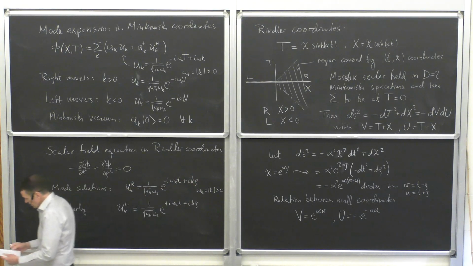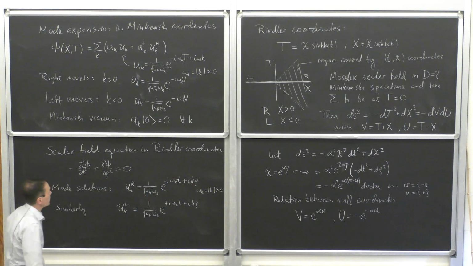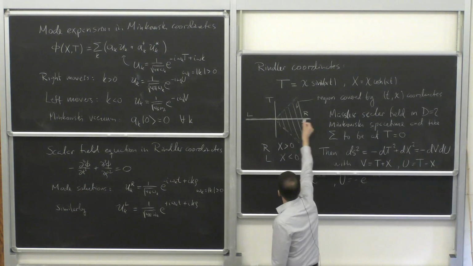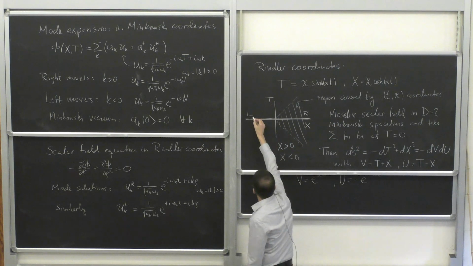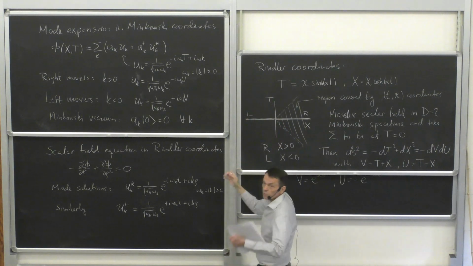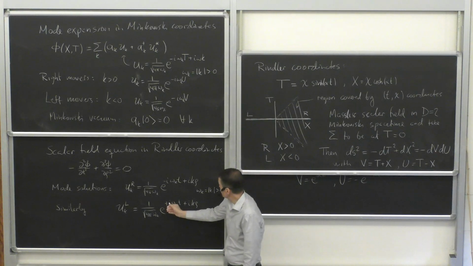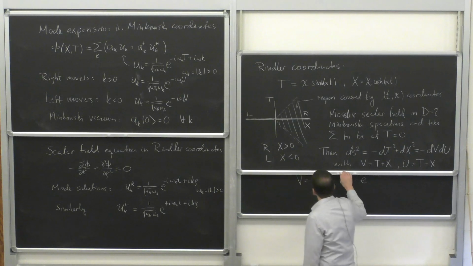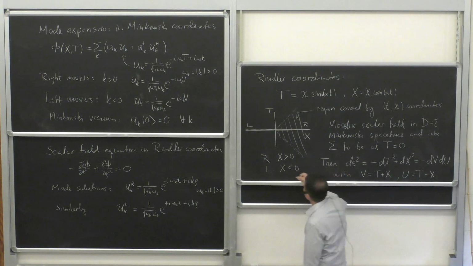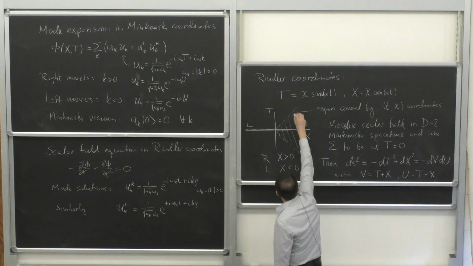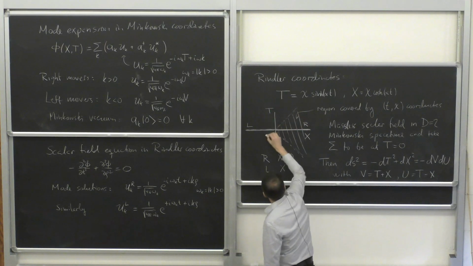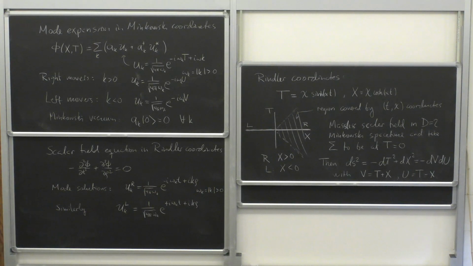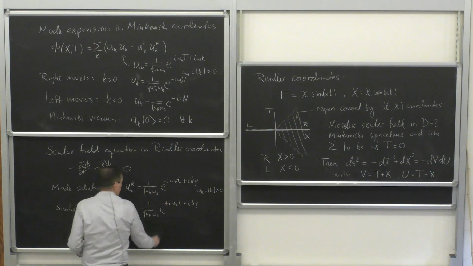The sign convention is that a right mover on the right moves away from the origin, whereas a right mover on the left is actually moving towards it, so they're going inwards. That's why we keep track of that by having this sign here. Another way to interpret it is that your Rindler time moves upwards over here, and it's natural to think of it going in the opposite direction in the left wedge. That's how it works for a Schwarzschild black hole. So anyway, we're going to follow this convention.